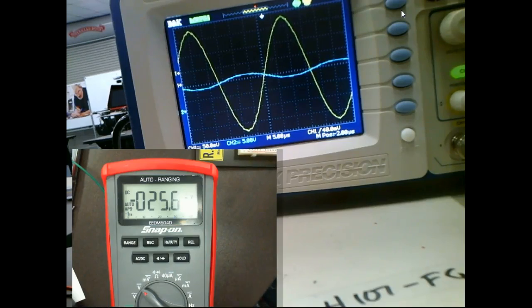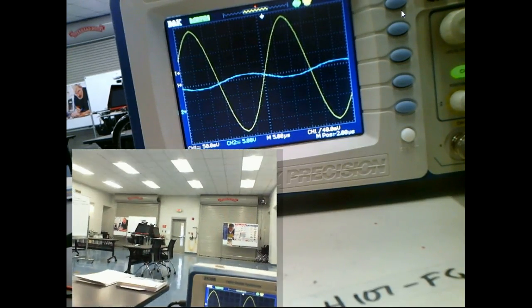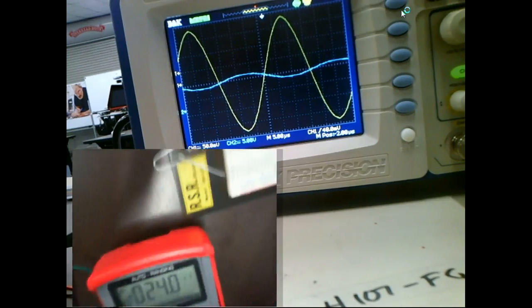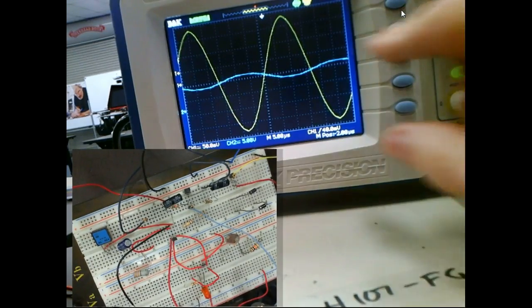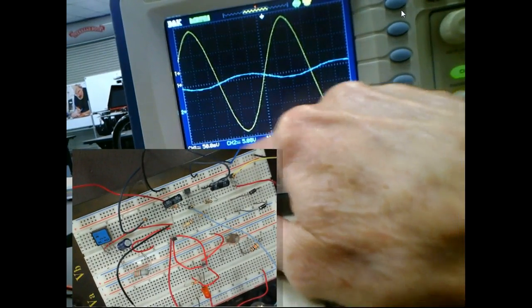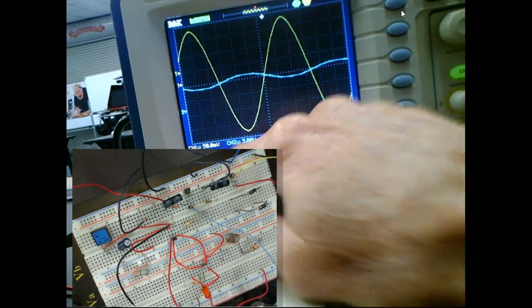Now this is my input signal right here. So we're bringing in 50 millivolts per division.